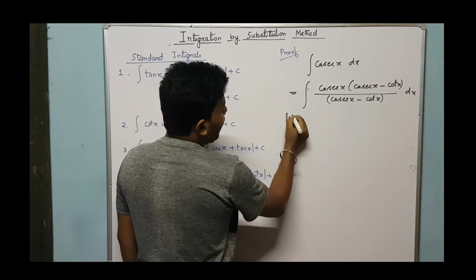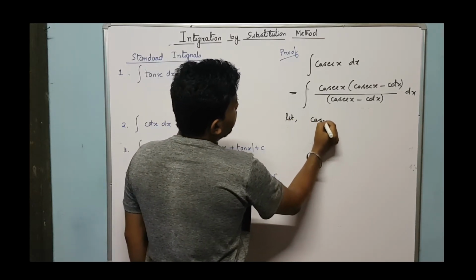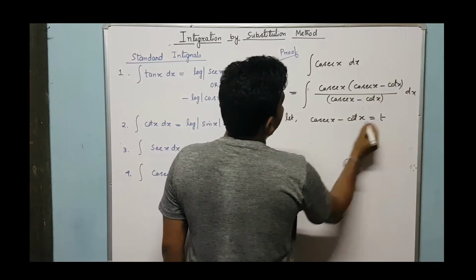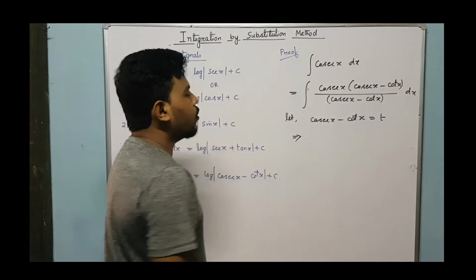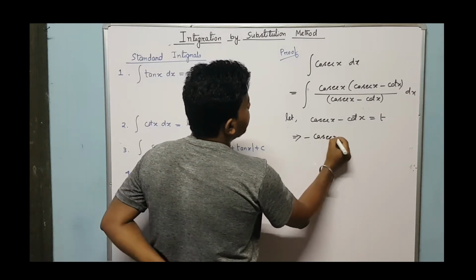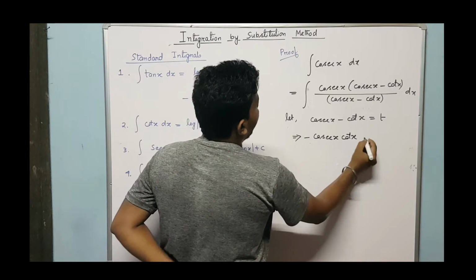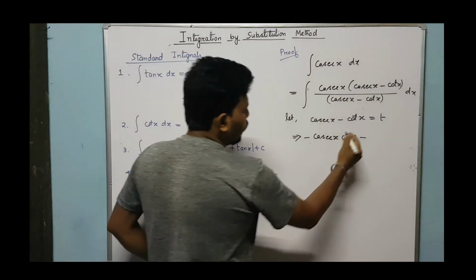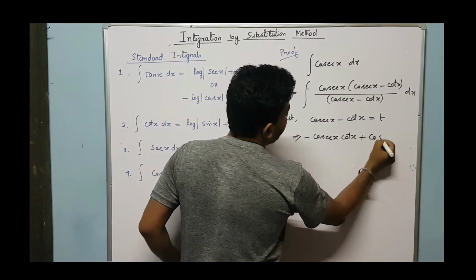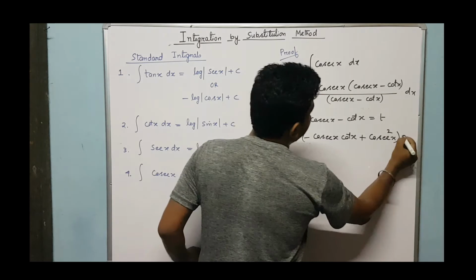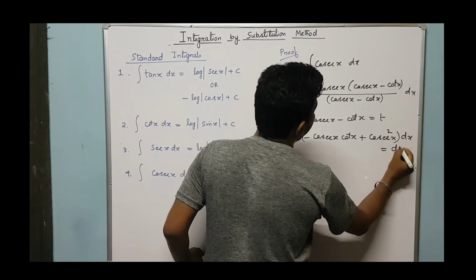Now let cosec x minus cot x is equal to t, now differentiate. For cosec x, the derivative is minus of cosec x cot x, and for cot x the derivative is minus cosec square x. So minus minus plus, cosec square x multiplied by dx is equal to dt.